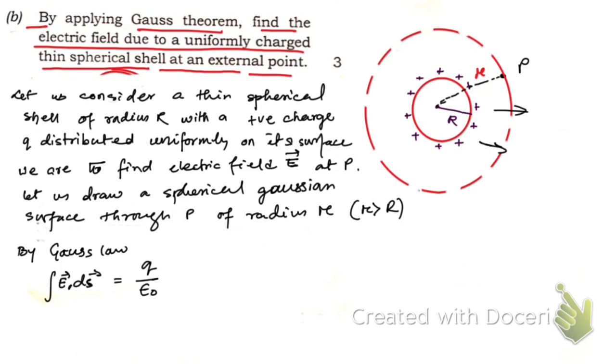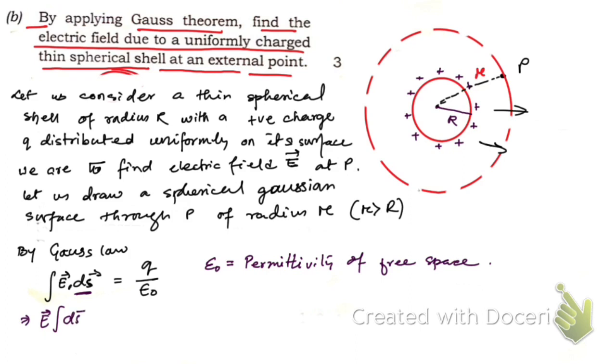Here epsilon naught represents the permittivity of free space. Here the electric field is constant, so it can be taken outside the integral, and the integral of dS is nothing but the area of this sphere.